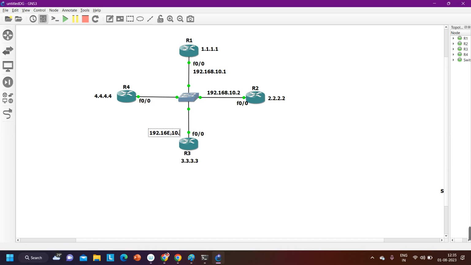So here we only use one network ID for all the routers? Yes, because now all routers are connected to the same segment. Switches don't separate networks, yes or no? A switch cannot separate the network.